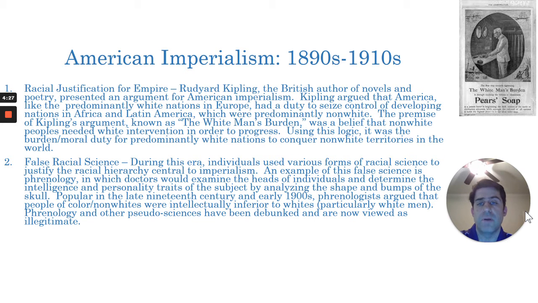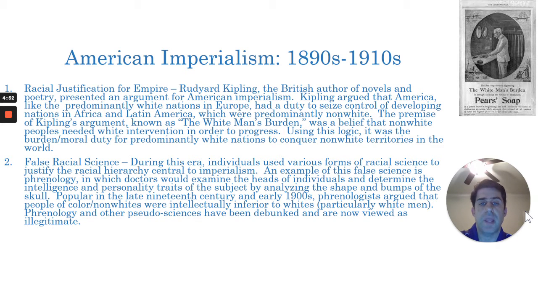And that's one of the main justifications for the white wealthy nations to take control of these areas. There was a racial justification for empire, and that was particularly the case with American imperialism.